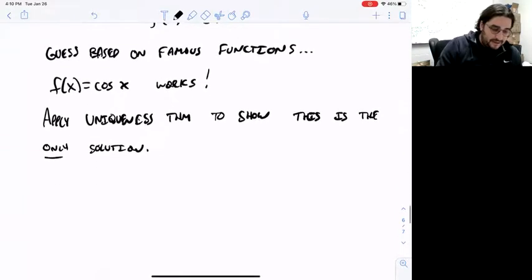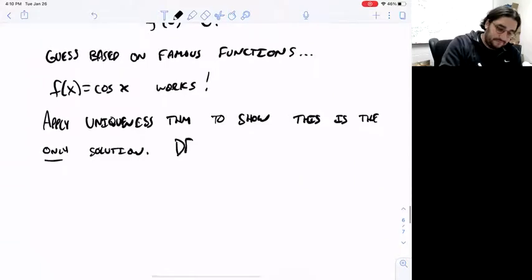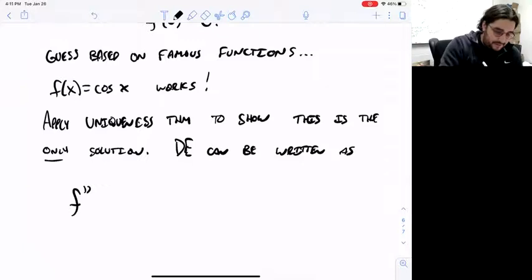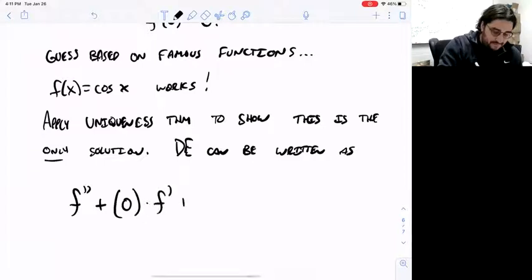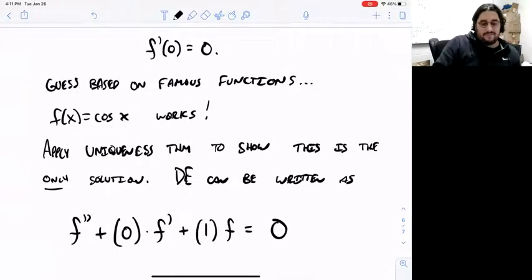Well, I need to show that this differential equation is linear. So I have to write it in that form. Let's write it as f double prime plus 0 f prime plus 1 f equals 0.